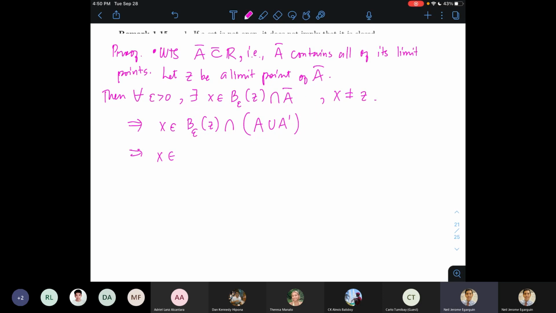Tama nga ba, De Morgan's law nga ba ang tawag dito? Hindi pala De Morgan's. I-distribute ko yung intersection over a union. So this would be this intersection A, union, intersection A prime. Oops, nawala yung Z.